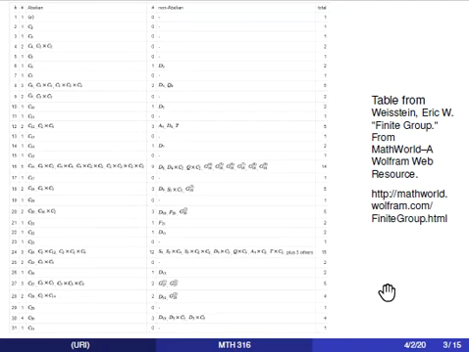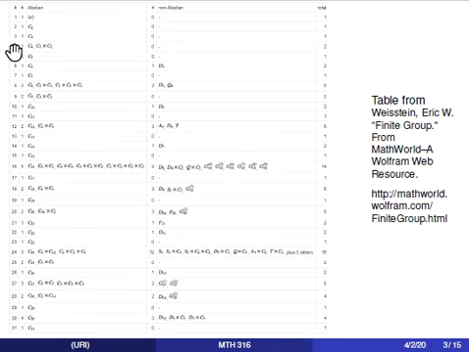And in the article for the finite group, you can look here at the webpage mathworld.wolfram.com/finite-group.html. That was an article that contained a lot of information about finite groups, and towards the bottom of the article, there was this table, and in this table we have sort of a catalog of the finite groups, all finite groups of order up through order 31.